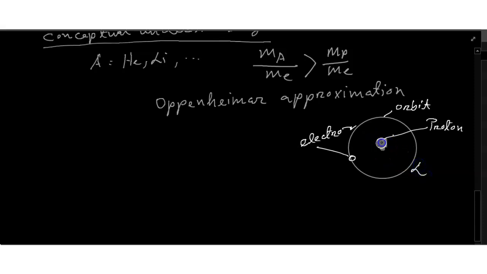This is plus, and the electron is minus, negative, and if we say r is the distance between proton and electron. Let's start.